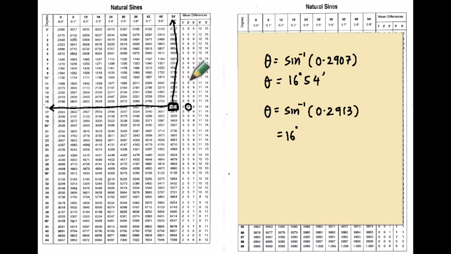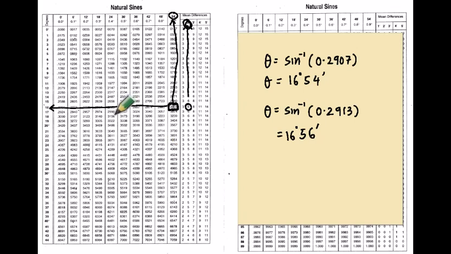And so the corresponding minute in this particular column is 2, and so this 54 plus 2, I get 56 minutes. That is the answer. So theta is equal to 16 degree 56 minutes.